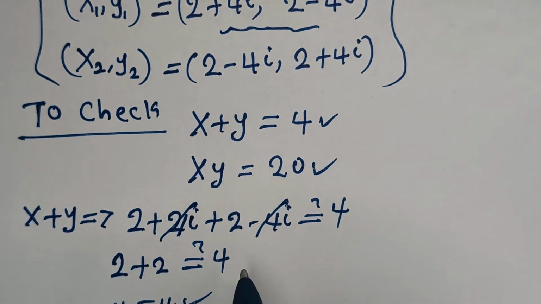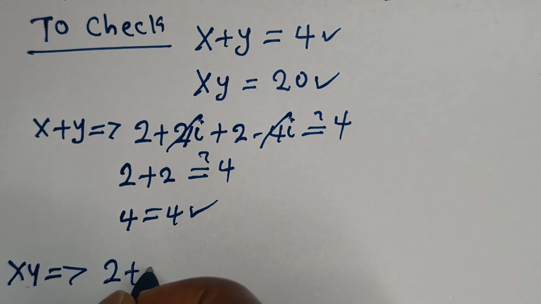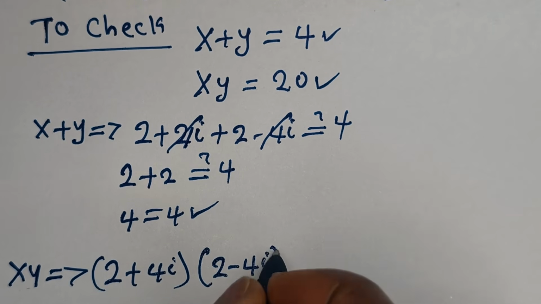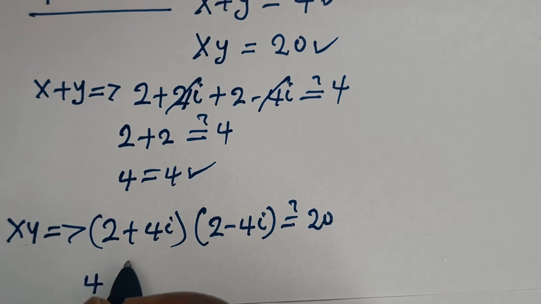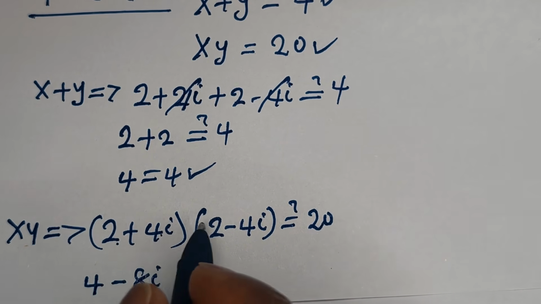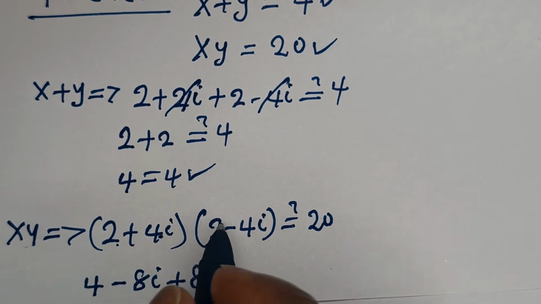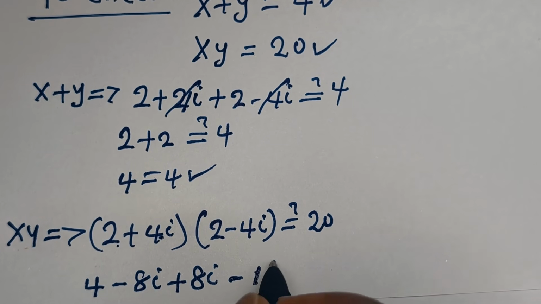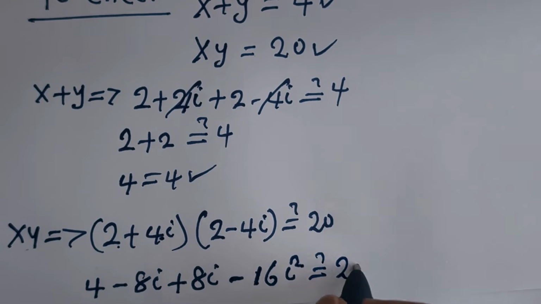Now let us consider this. sy, this is 2 plus 4i multiplied by 2 minus 4i must be equal to 20. 2 times 2, this is 4. 2 multiplied by minus 4i, this is minus 8i. 4i multiplied by 2, this is plus 8i. 4i multiplied by minus 4i, this is minus 16i squared, must be equal to 20.